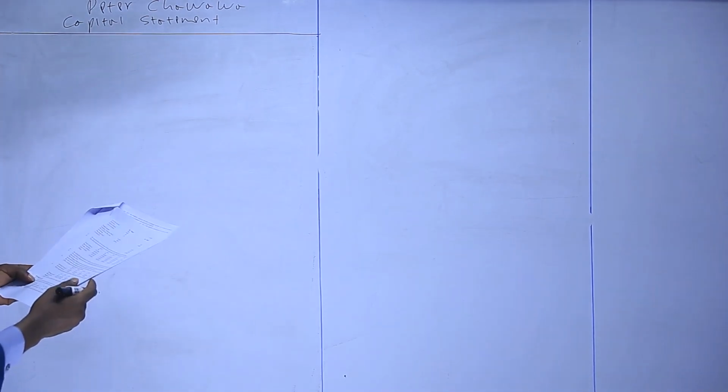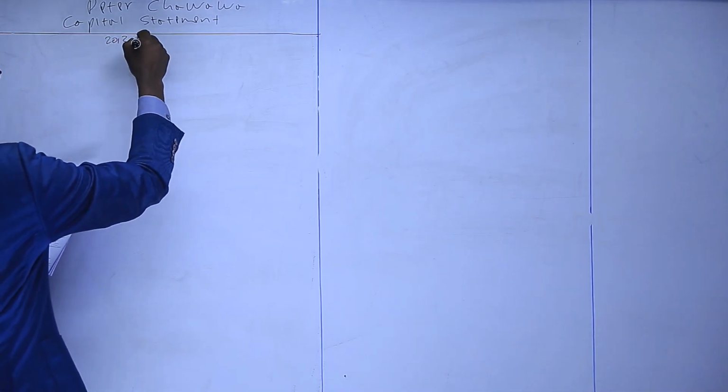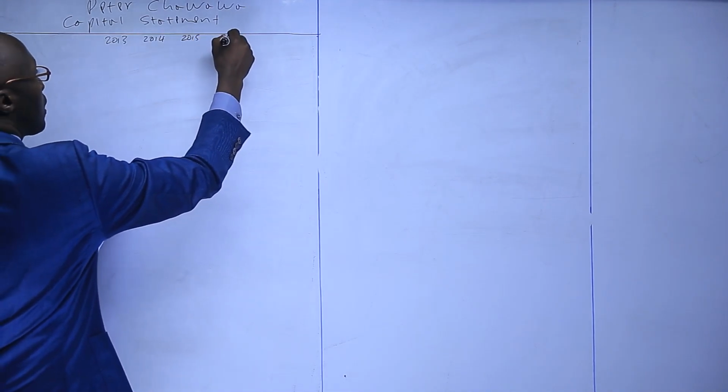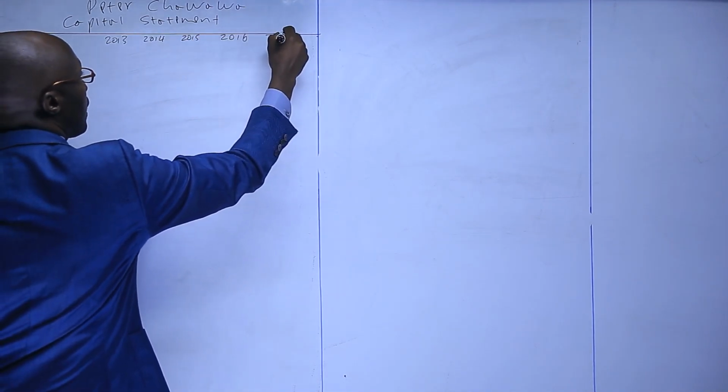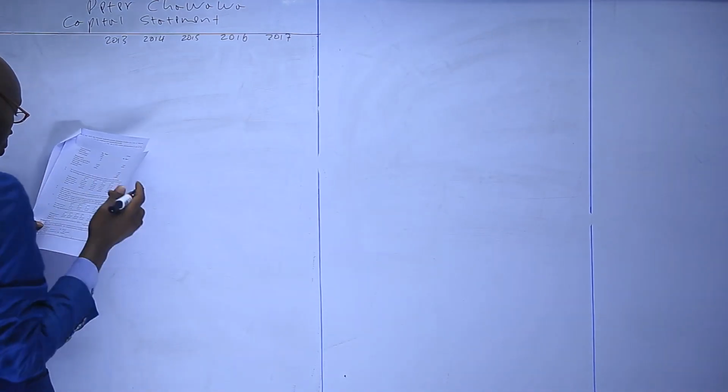So we have the years that we are required to get: 2013, 2014, 2015, 2016, and 2017 as required in the computation of taxable income.